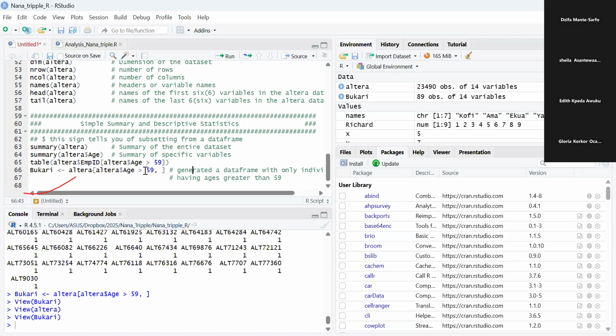That is how come I left this side open. So I'm just telling it, keep all the columns, give me the rows which have age greater than what? 59. Is it okay? Yes, please, Prof.